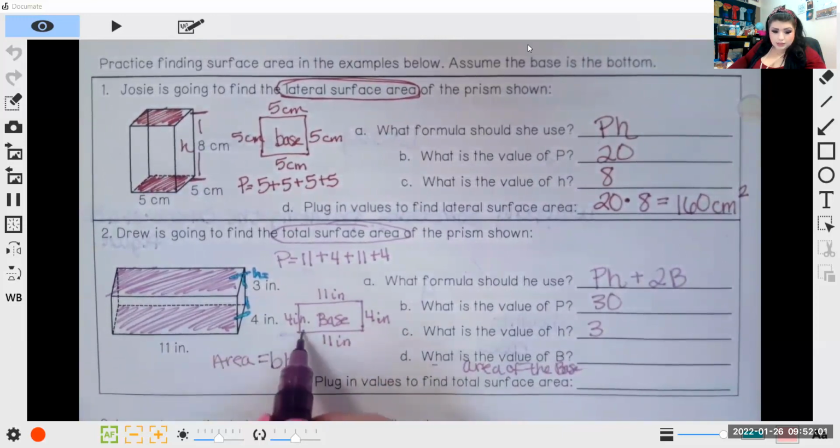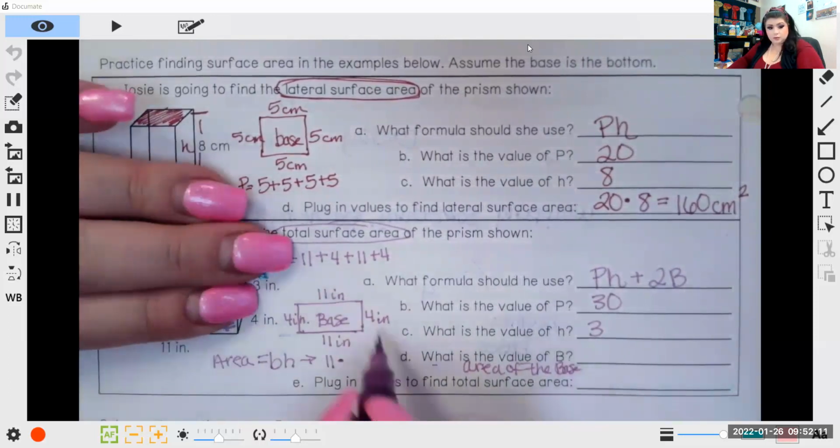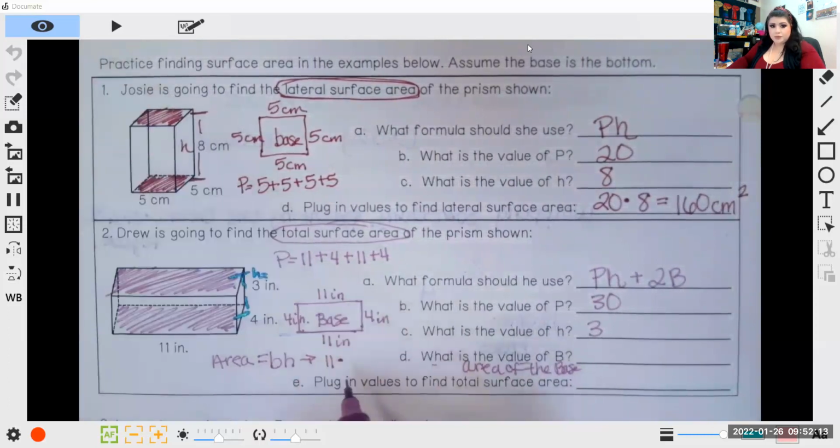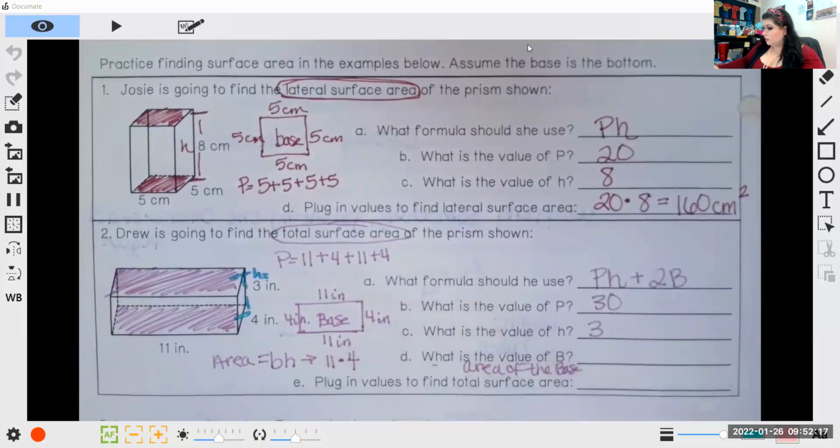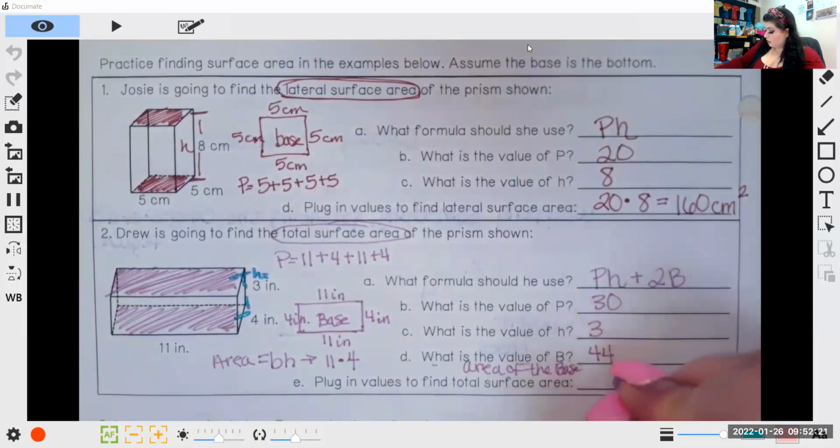The base in this case would be 11 times the height of just the base, because I'm only focusing on the base: 11 times 4. So 11 times 4 would give me 44.